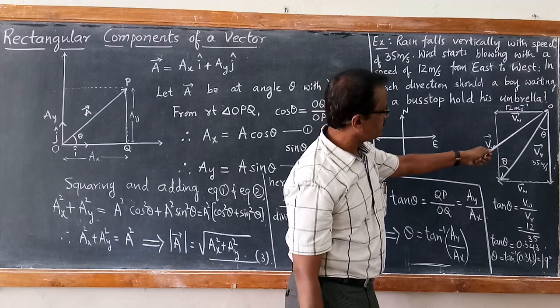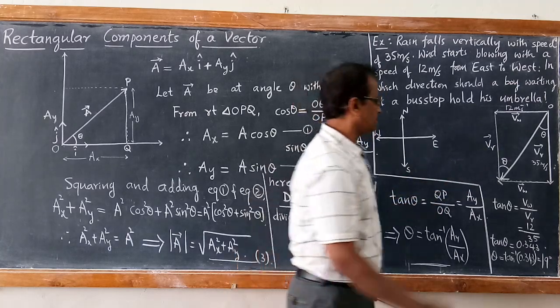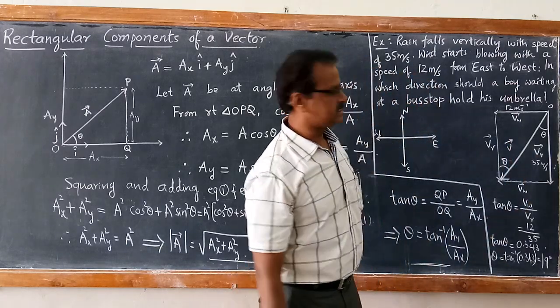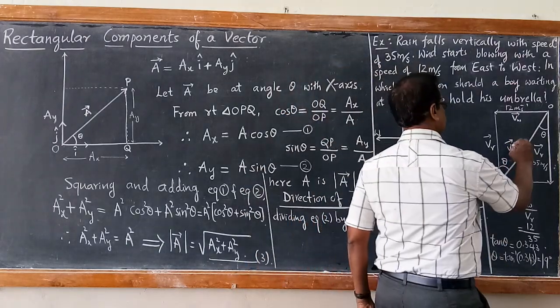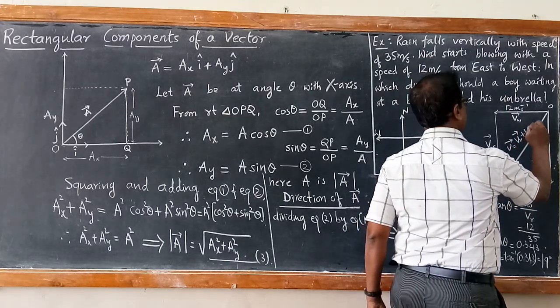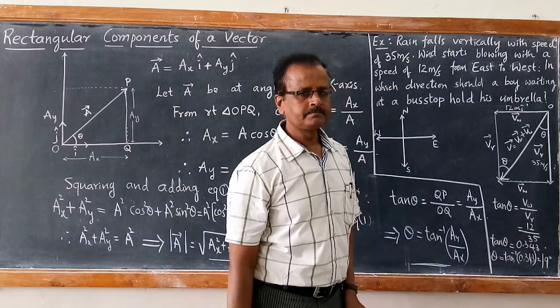When you draw this resultant, this becomes the resultant velocity vector. This resultant velocity vector is the vector sum of VR vector and VW vector.